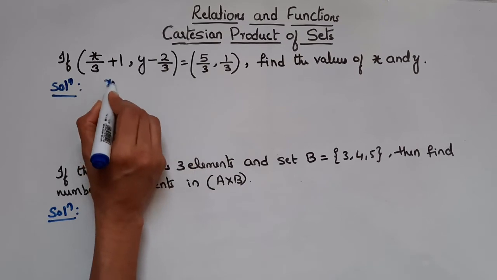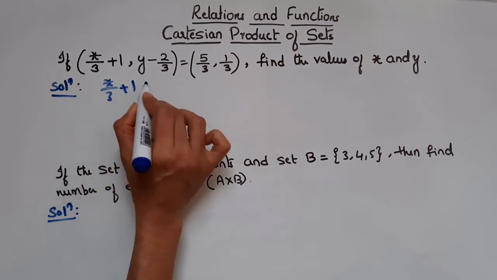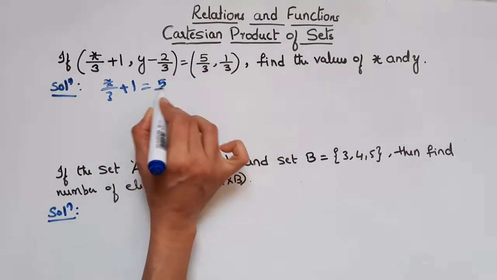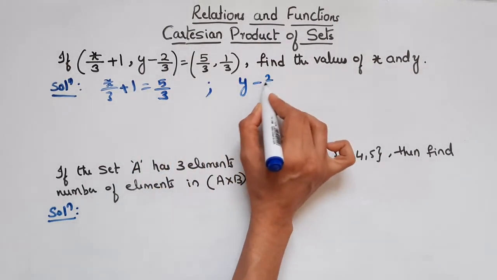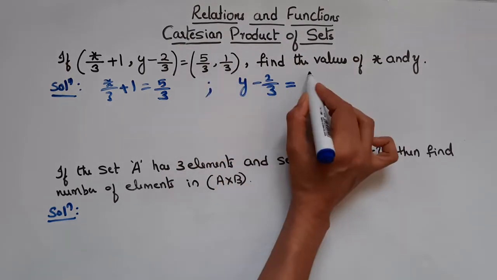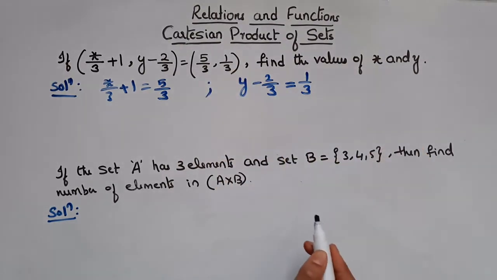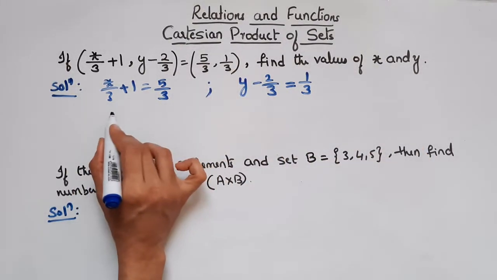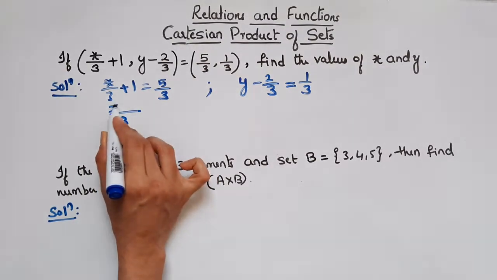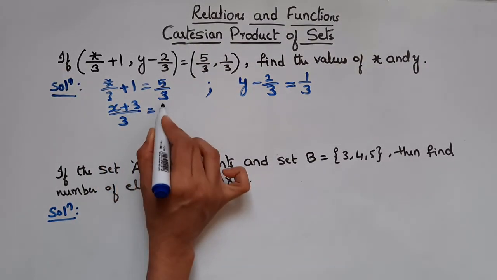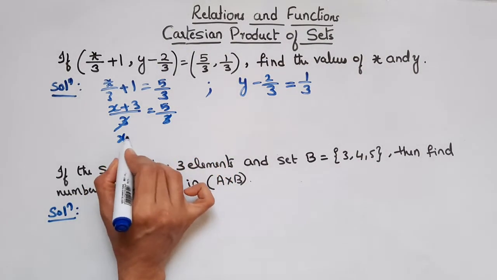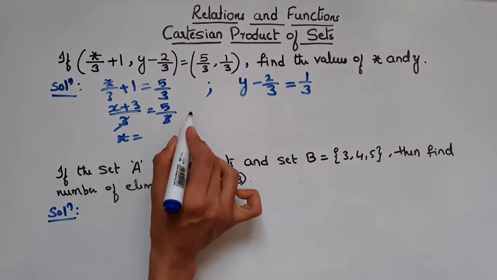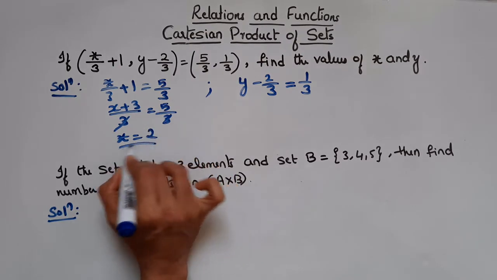So we have x by 3 plus 1 is equal to 5 by 3, and on this side we have y minus 2 by 3 is equal to 1 by 3. Let's take the LCM here. So x plus 3 over 3 is equal to 5 by 3. The 3 and 3 are gone, so x is equal to 5 minus 3, which is 2.